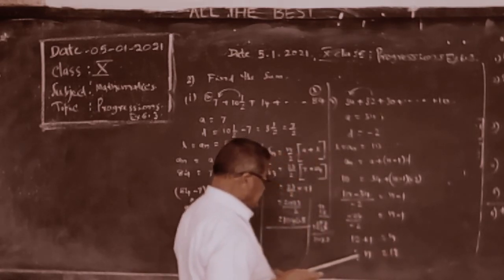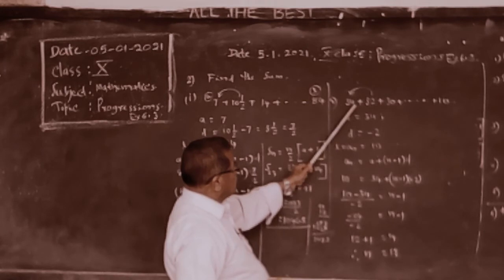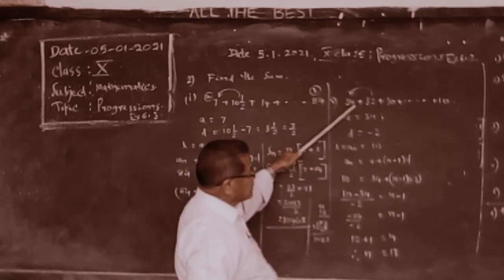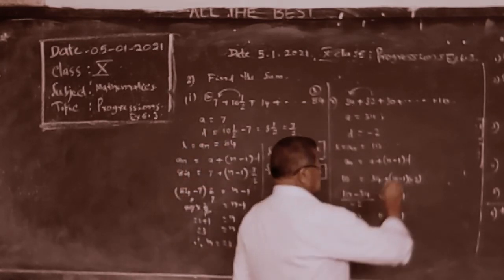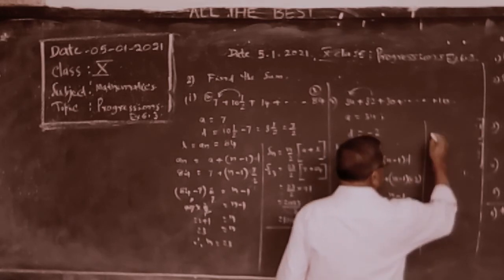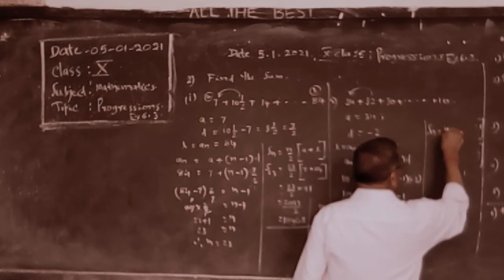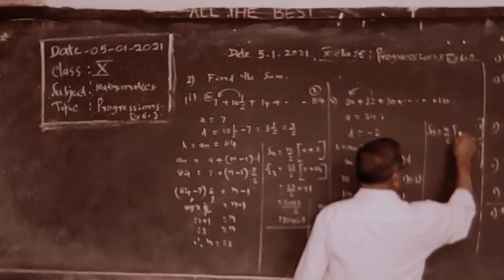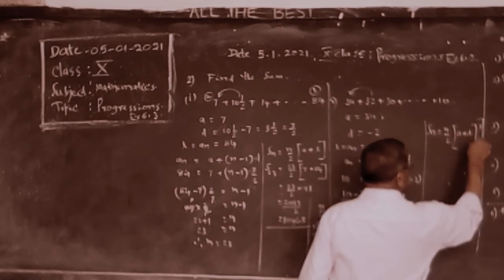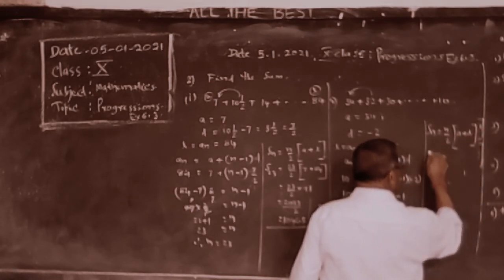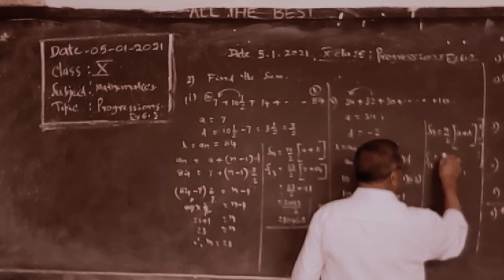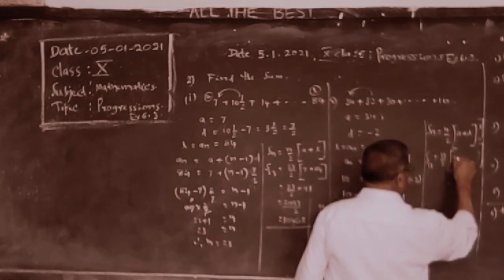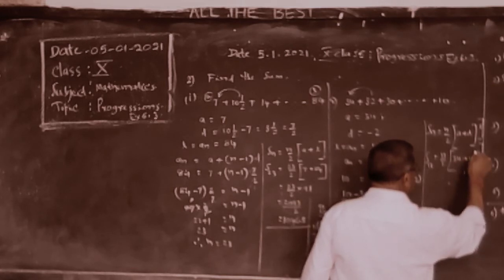We have to find the sum to 13 terms. Sn is equal to n by 2 of a plus l, so S13 is equal to 13 by 2 of a value 34, l value 10.